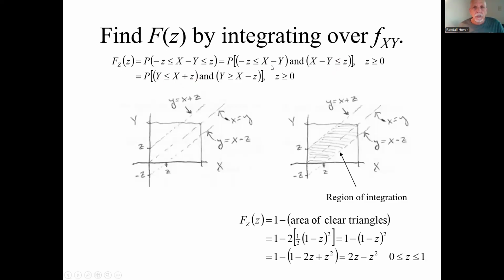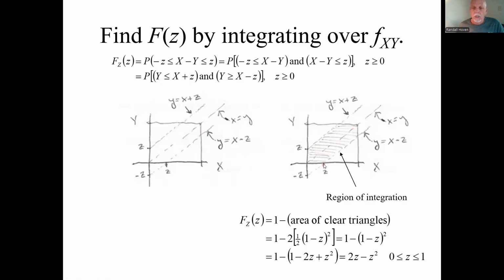Then it looks like this. This would be y less than or equal to x plus z, and this would be y greater than or equal to x minus z. So these are the two things that are true simultaneously. y equals x plus z is this dashed line here. And y equals x minus z is this dashed line down here. Where are they both true? Think about it a little bit, but it's in this shaded region here.